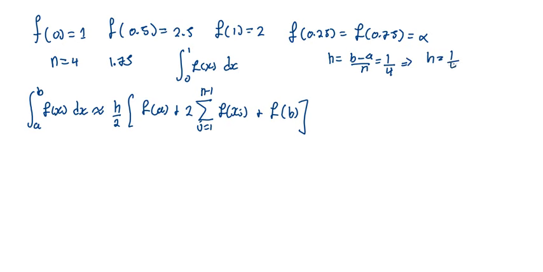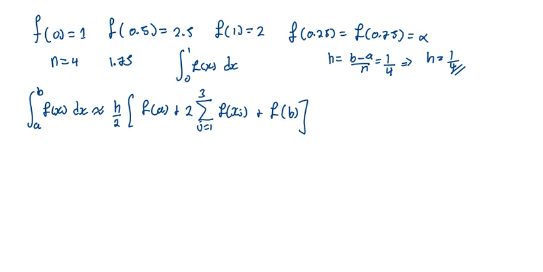What else can we notice here? If I substitute for n, which is 4, then n minus 1 is 4 minus 1, which is 3.